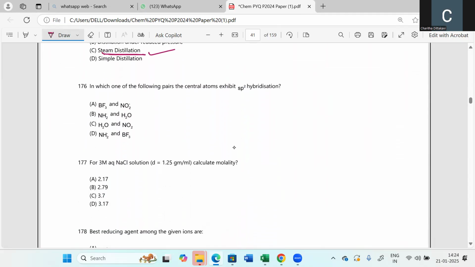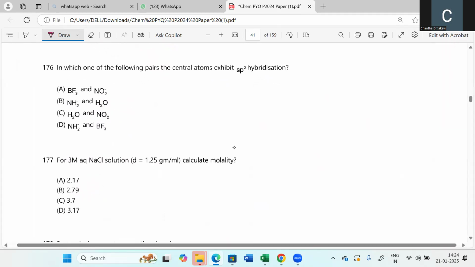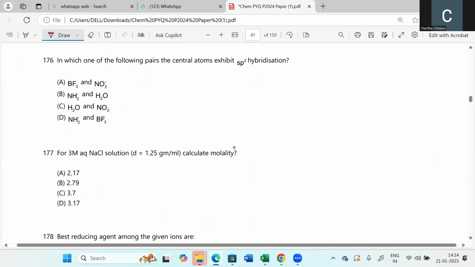Next, in which of the following pairs does the central atom exhibit sp2 hybridization? This is class 11 again, you draw the hybridized structures and all, then you would get the answer. Answer A, BF3. Draw BF3. The central atom will be sp2 hybridized here, and check NO2 minus also.